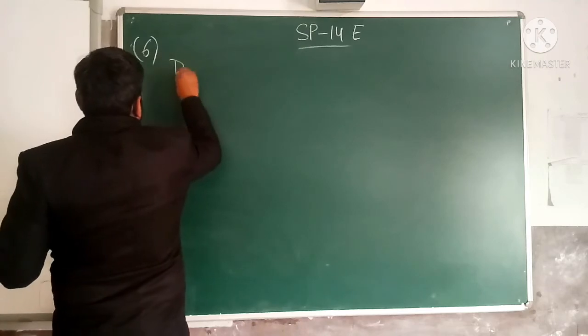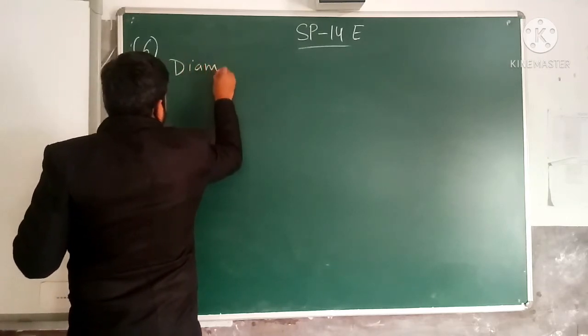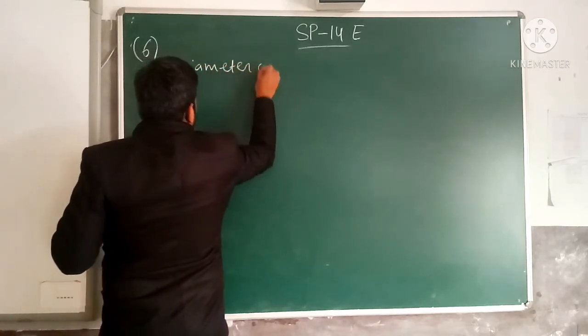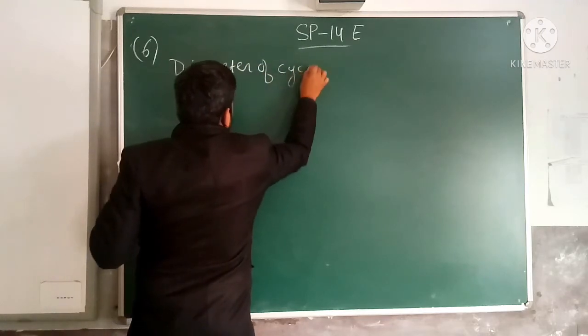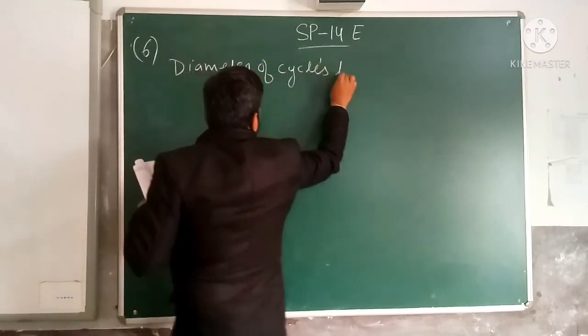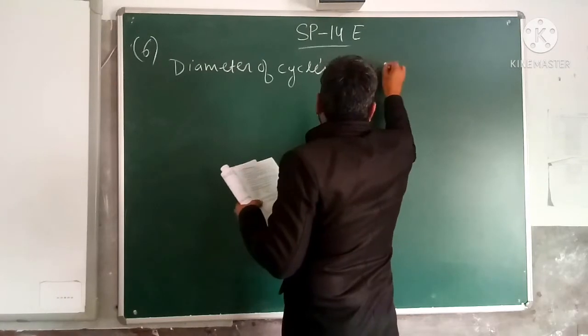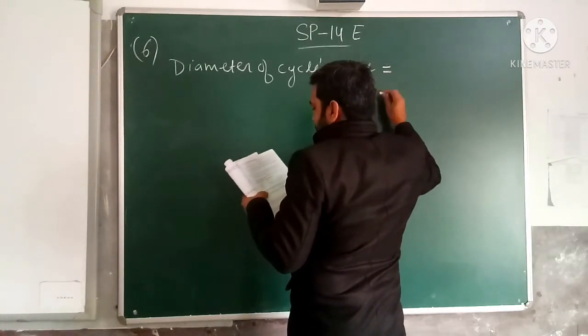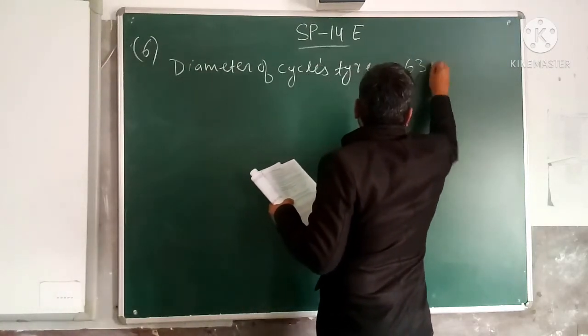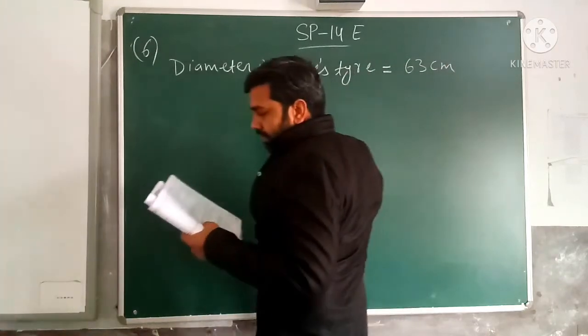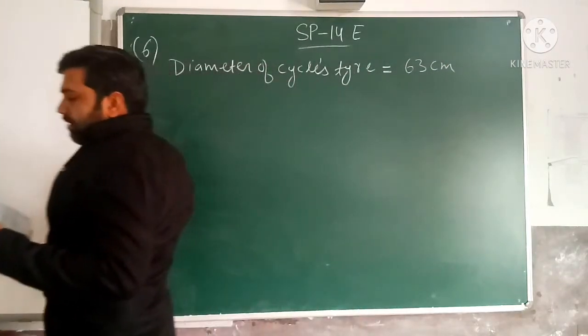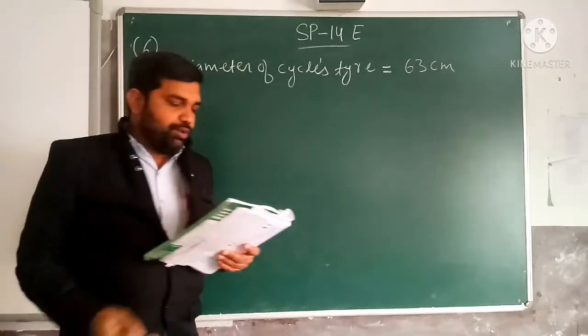Diameter of the cycle's tire is given as 63 centimeter. How far does the bicycle move when the wheel makes one complete revolution?